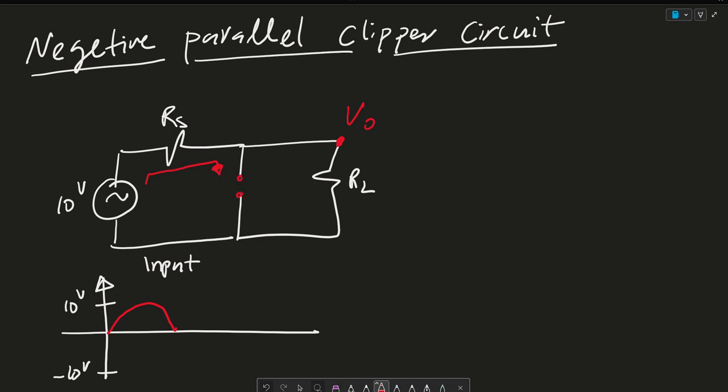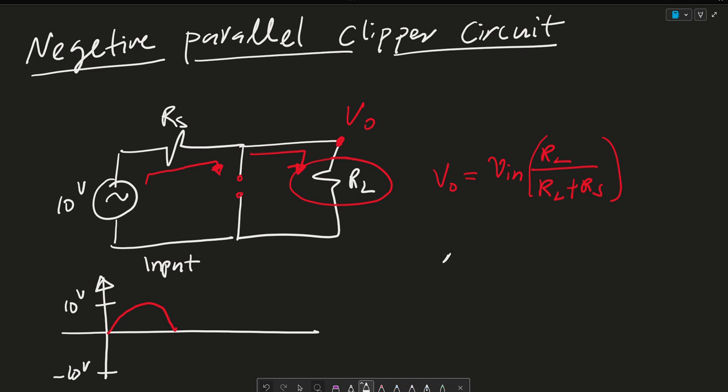So my current isn't going to want to flow through here, but instead through here. To find the voltage across this resistor in this configuration, VO is equal to VIN times RL over RL plus RS, our voltage divider equation.